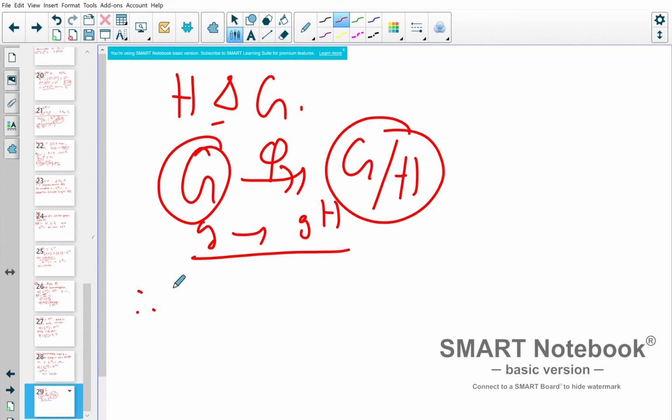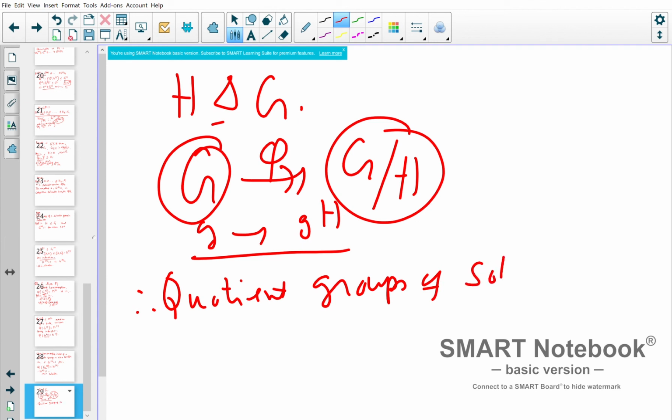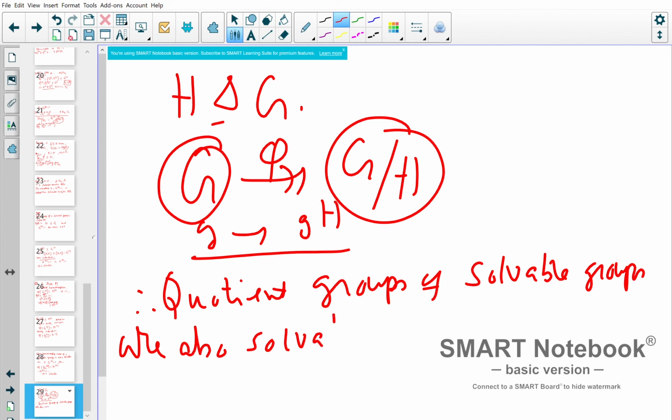So quotient groups of solvable groups are also solvable. Clear? I think this should be clear now.